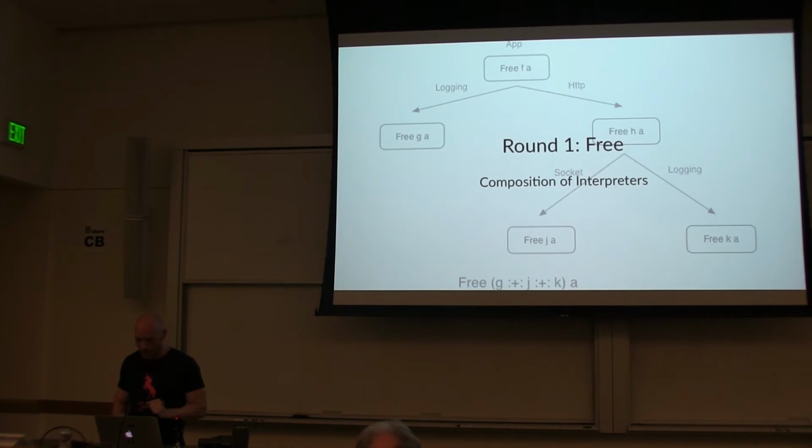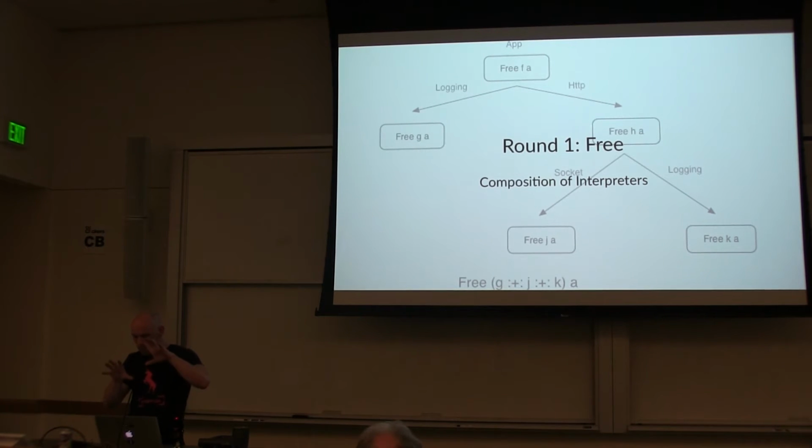And when you do that, you can build up these really wonderful trees. You can actually model things like, okay, my application is talking up here, and I'm going to log at the level of my application, but I'm also going to send some HTTP requests, and then I'm going to compile that down to a socket-based algebra, and I'm going to also log at the level of the HTTP so I can get requests and responses and stuff like that.